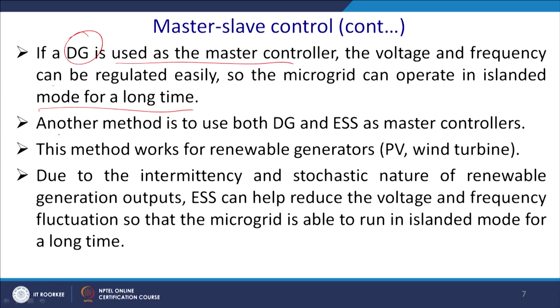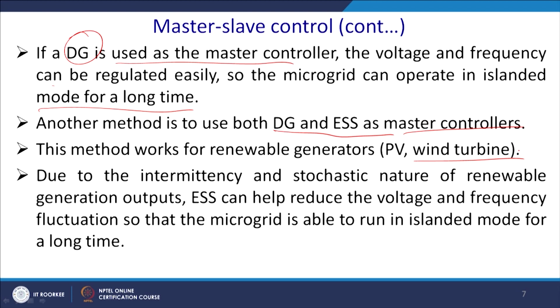For this reason, many researchers prefer to use both DG and ESS as a master controller. This method works for renewable generators, for example PV, solar photovoltaic, and wind turbines.